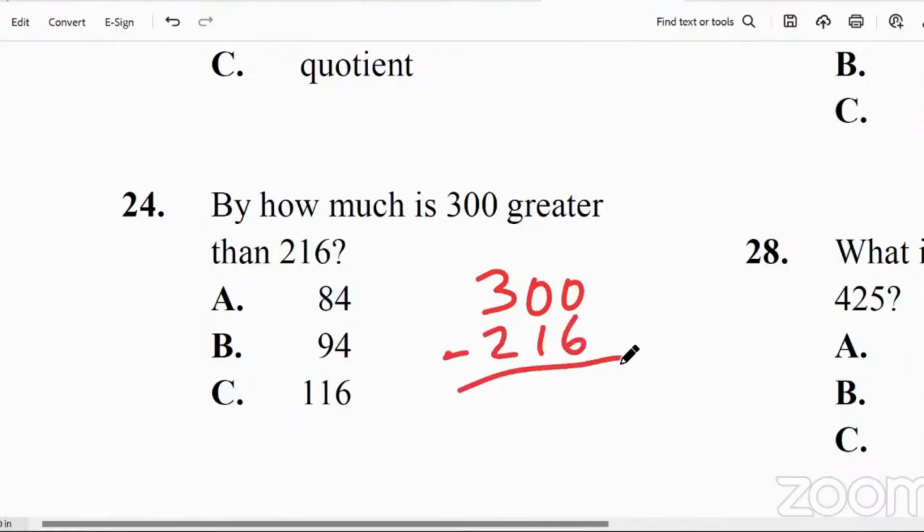You take away 6, we cannot, so you have to go all the way over here to get 1. And so 10 minus 6, that's 4. 9 minus 1, that's 8. And 2 minus 2, that's 0. So the answer would have been 84.